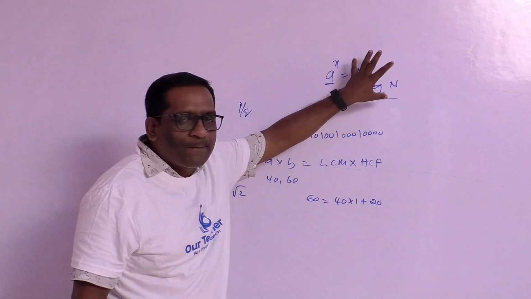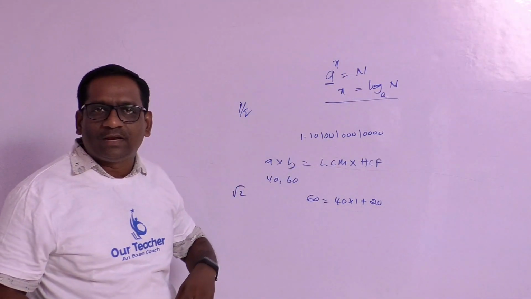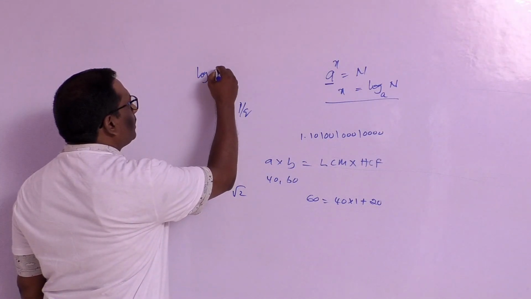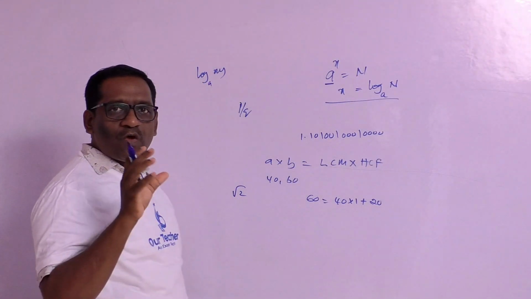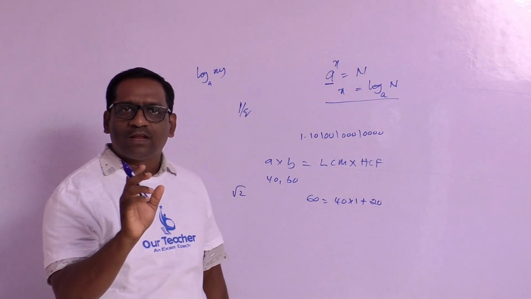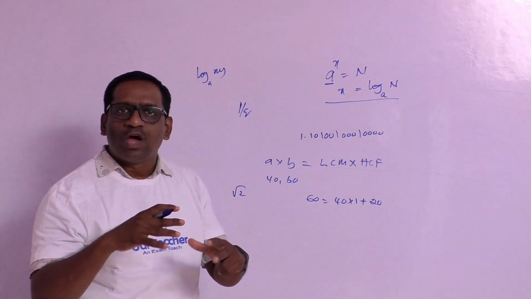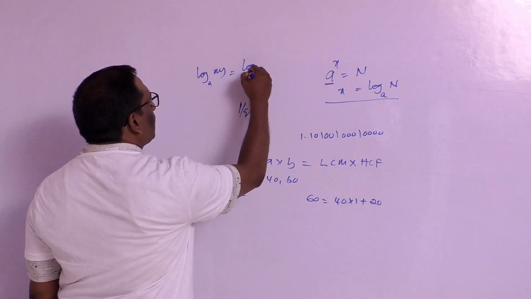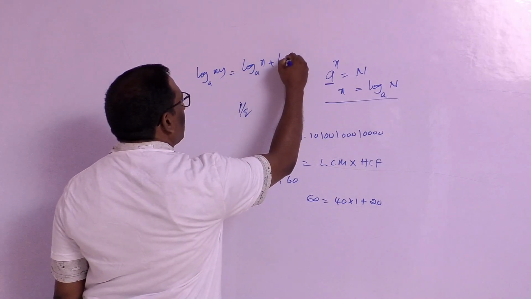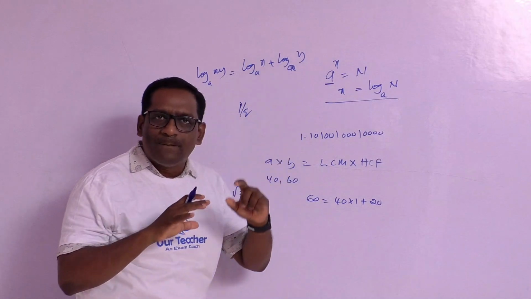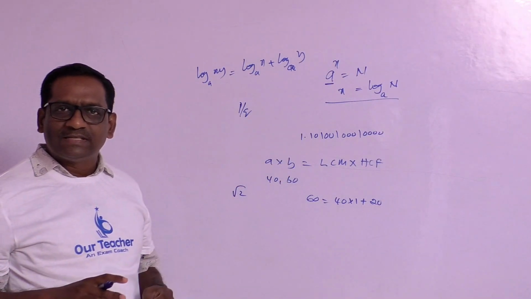In this topic some important formulae are there. The first one is log xy to the base a. That means when a bigger number is split into smaller numbers, how do we convert it into a logarithmic expression? That is equal to log x to the base a plus log y to the base a. If no base is given, we consider the base as 10.